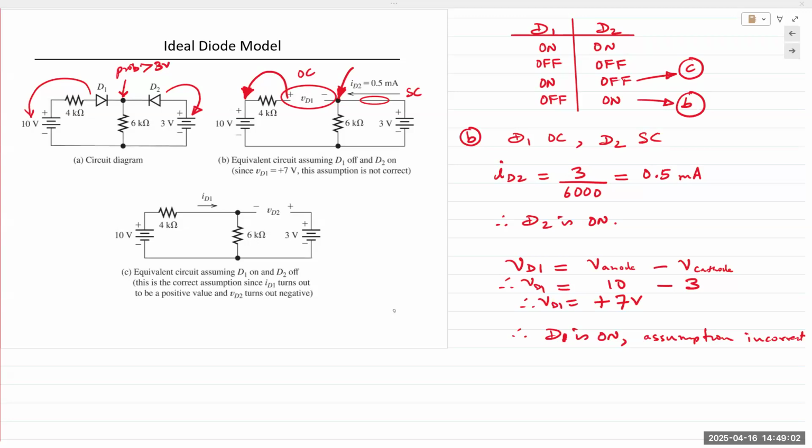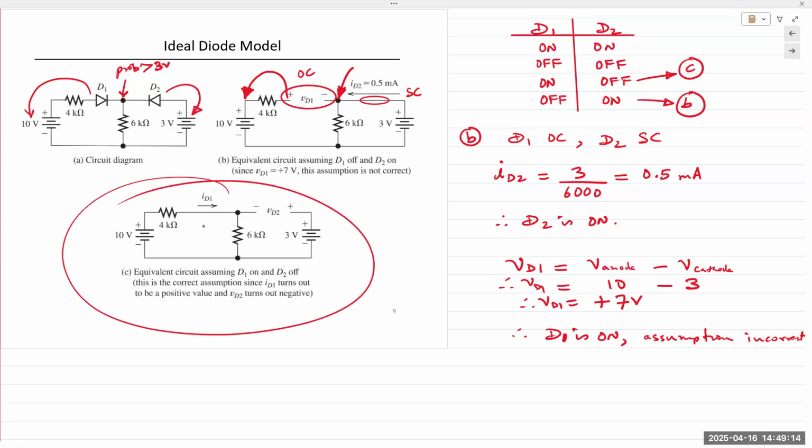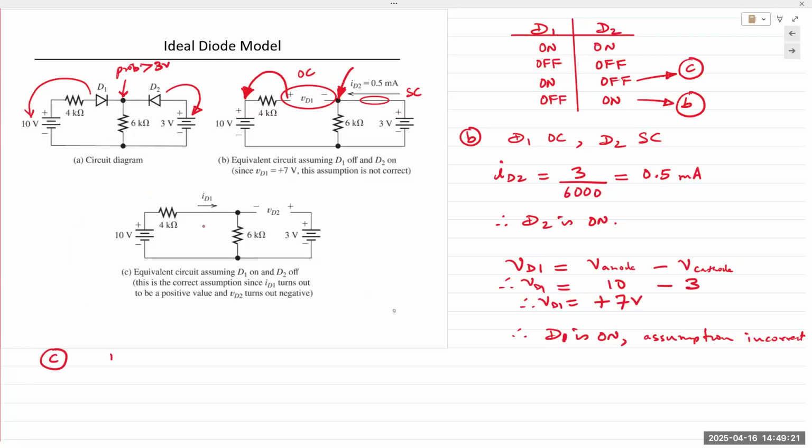Okay. So the next logical assumption would be that D1 is on and D2 is off. So that's what we choose for circuit number C. And now the exact same analysis applies on the left side of the circuit. So I'm going to do this here. We'll assume D1 to be on and D2 to be off.